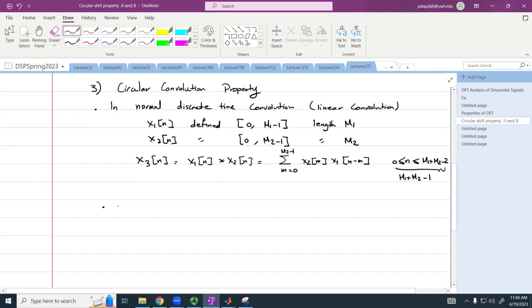In the circular convolution, we use circular shift.